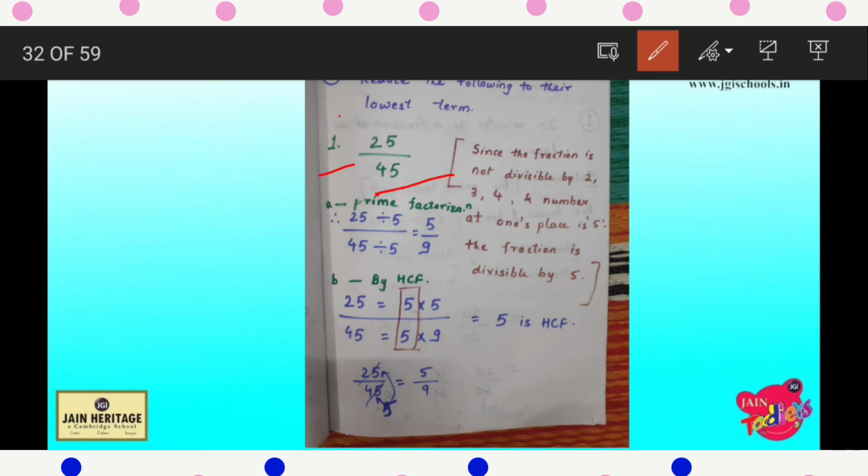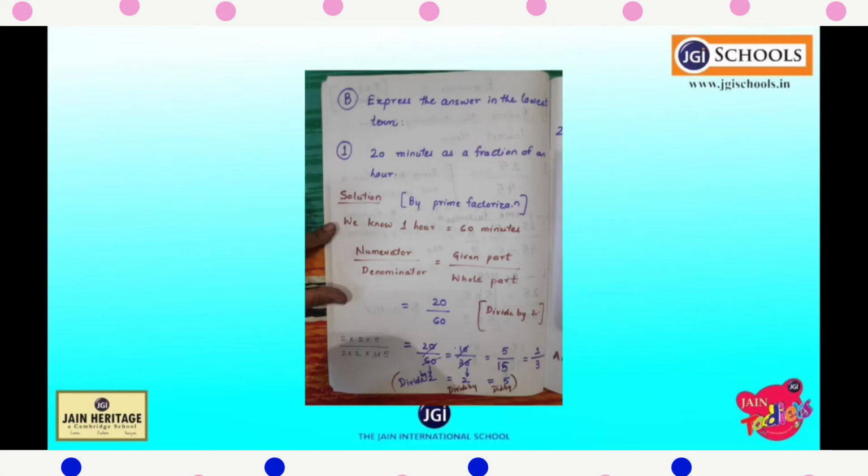See, 25 and 45 both are divisible by 5. Yes, both are divisible by 5. So you will divide both the numbers by 5. So 25 by 5 is 5 and 45 by 5 is 9. Okay, so 5 is the HCF here and 5 by 9 is the required fraction. Fine.